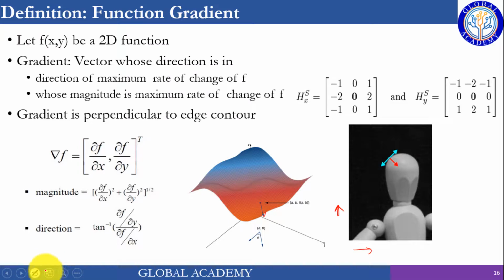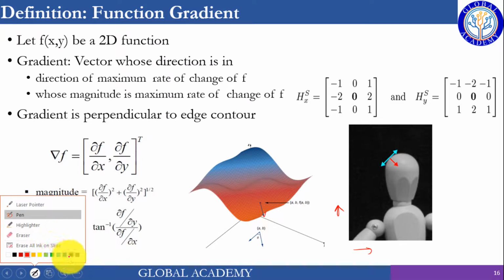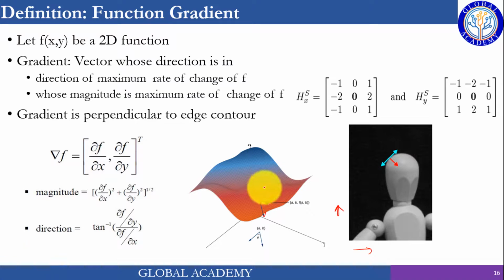So we can compare, say, two values. If we compute the gradient over here, it would be a small value representing a smaller change along the surface. And if we compute at a point over here, there is a possibility of a greater change, same direction but greater change.